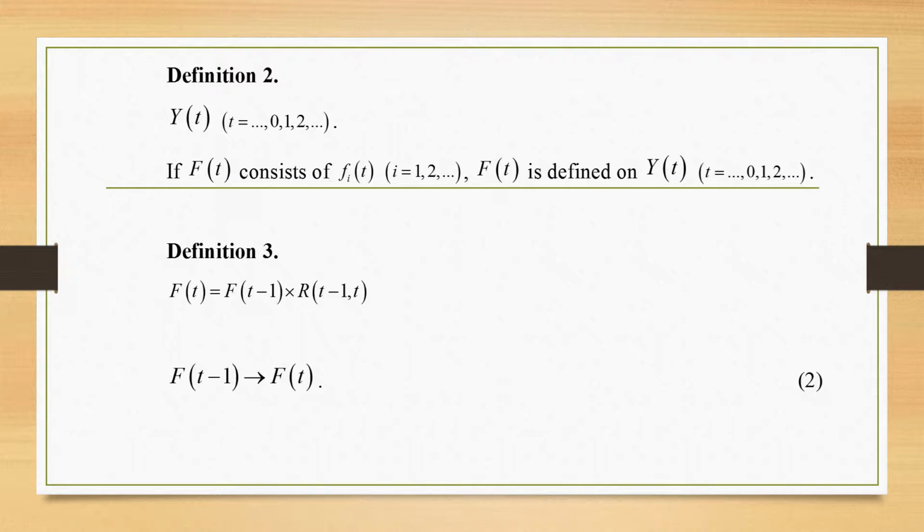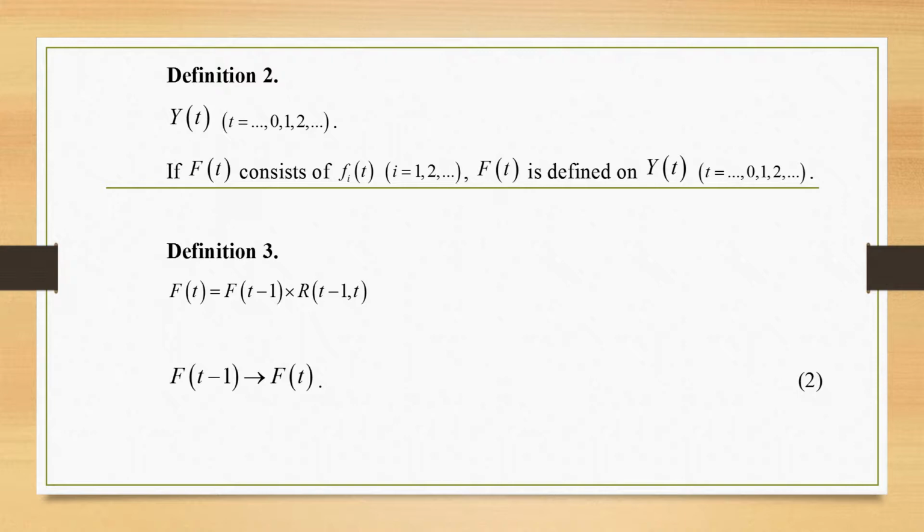Definition 2. Yt is a subset of real numbers. Let Yt be the universe of discourse defined by the fuzzy set Fit. If Ft consists of Fit, Ft is defined as a fuzzy time series on Yt. Definition 3.